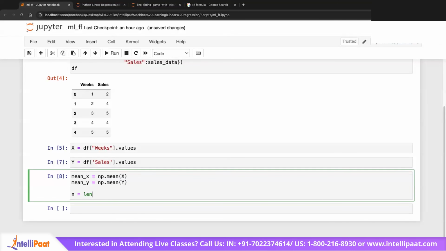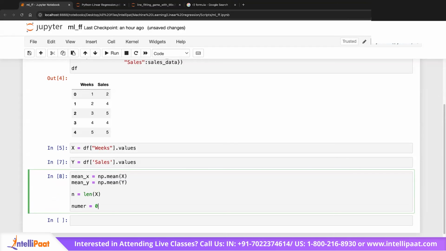N is equal to length of X. Basically, I am taking another variable called N to understand how many X values, meaning how many independent feature data points, we have. N will represent that.